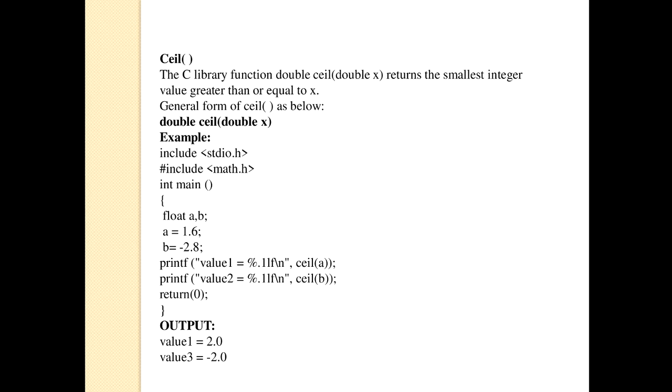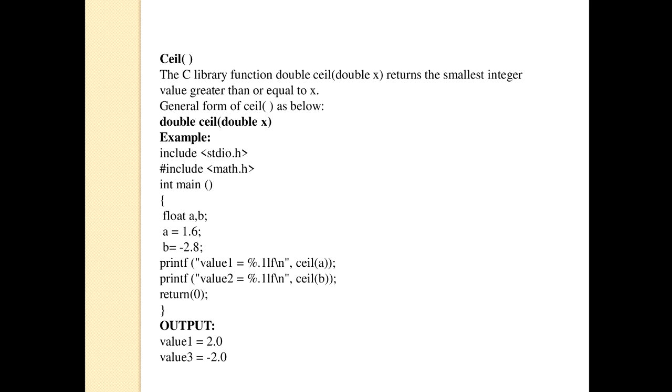Just remember that this ceil function rounds up to the nearest integer. Here the value of x is 1.6 and you round up, so 1.6 is rounded up to 2, and that's why you will get the result 2.